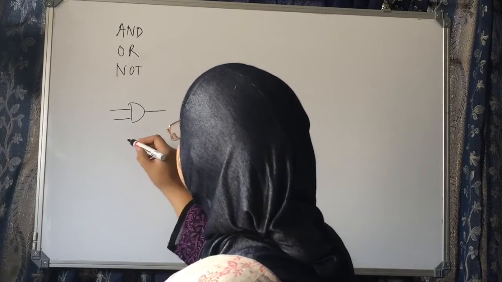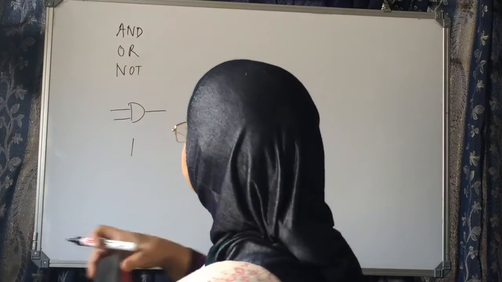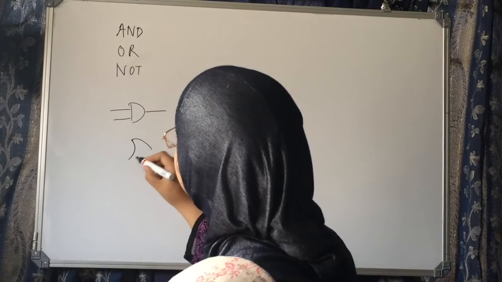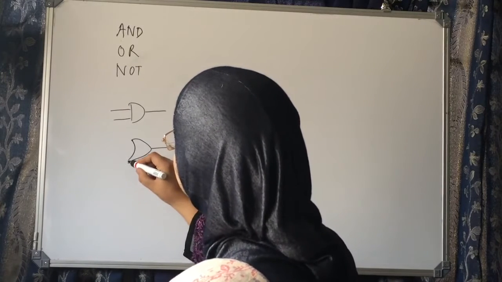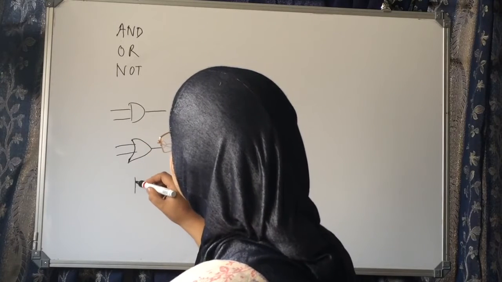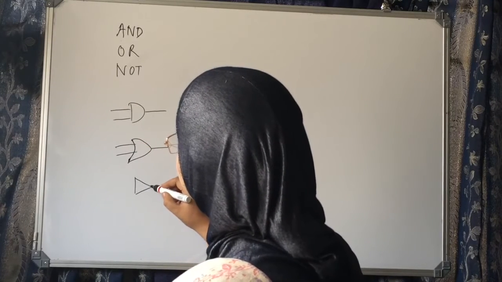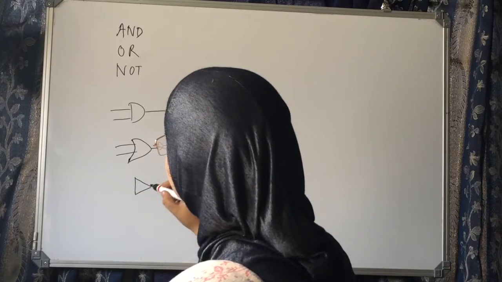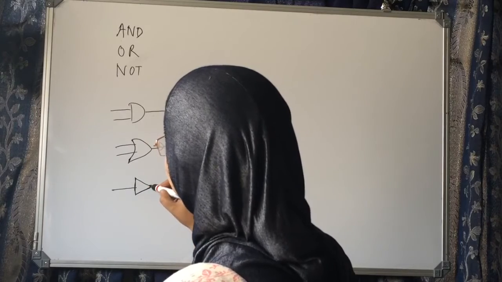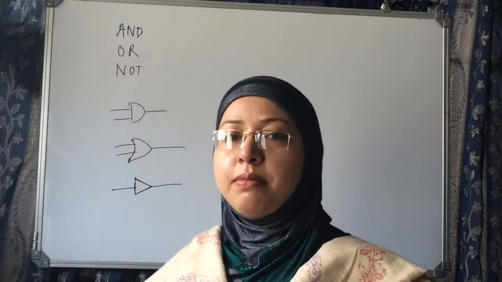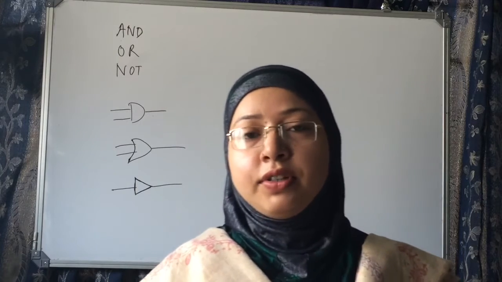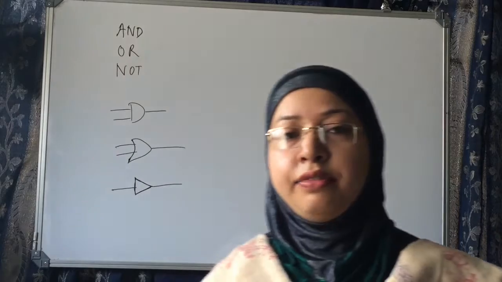This is for AND gate, and for OR we use this notation, and for NOT we use this. Or sometimes we use bubble also. I will explain all these things in the coming videos afterwards.